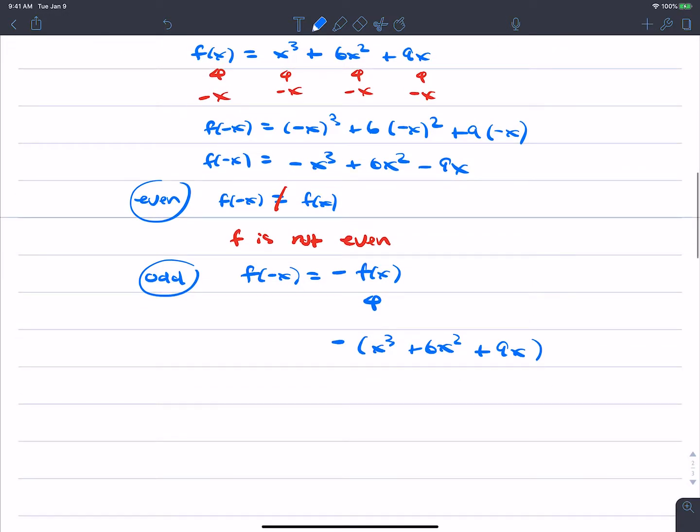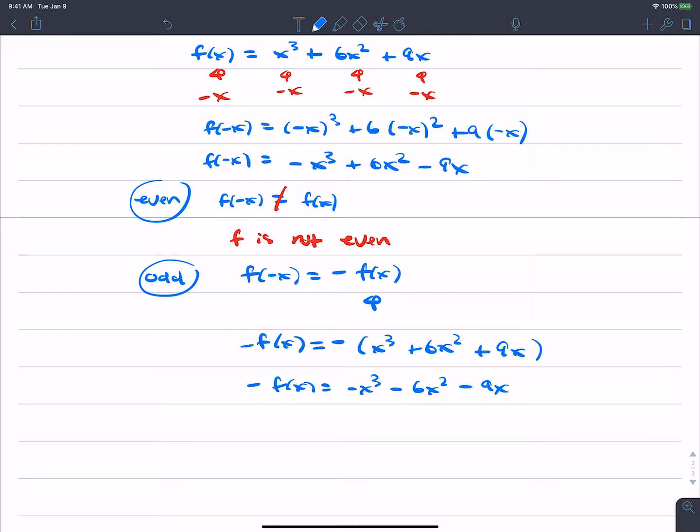What does that give us? It wouldn't be negative 6x, no, it's positive. You know why? If I square a negative, what's the deal? Positive, yeah. So anyway, let's write this down. This is going to be minus f of x, and that equals minus x cubed minus 6x squared minus 9x.